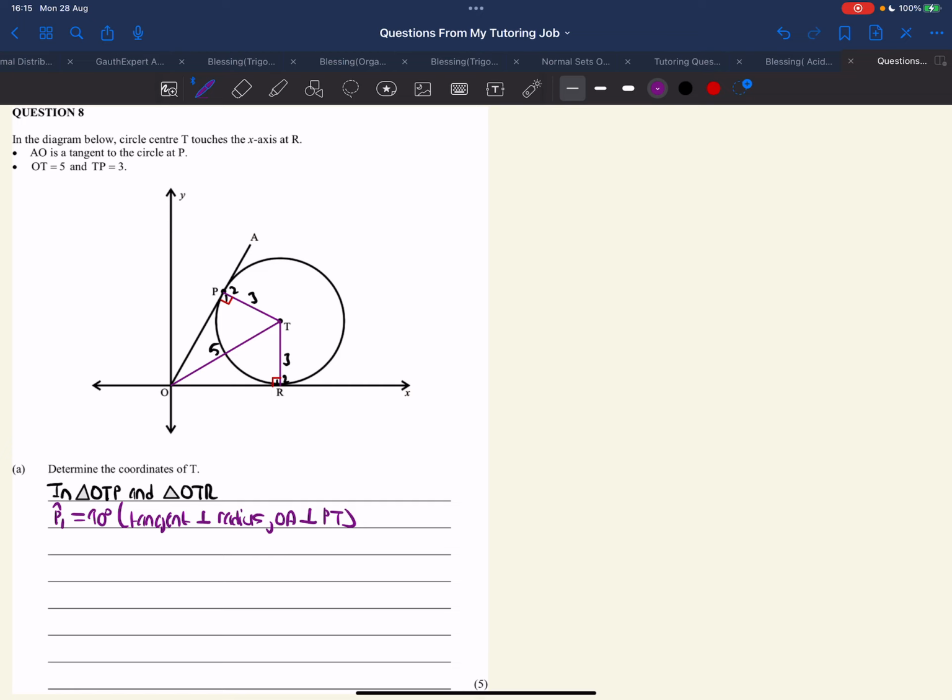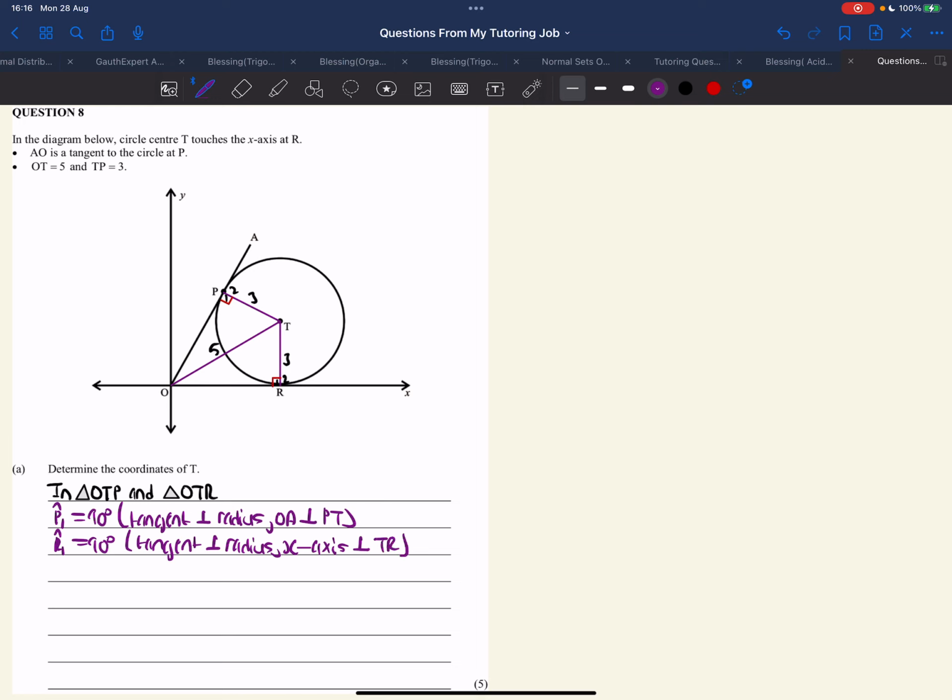And then another one is going to be R1 equals 90 degrees, and the reason for that is tangent perpendicular to radius, and that tangent is the x-axis, perpendicular to RT, or TR, I mean to say TR.